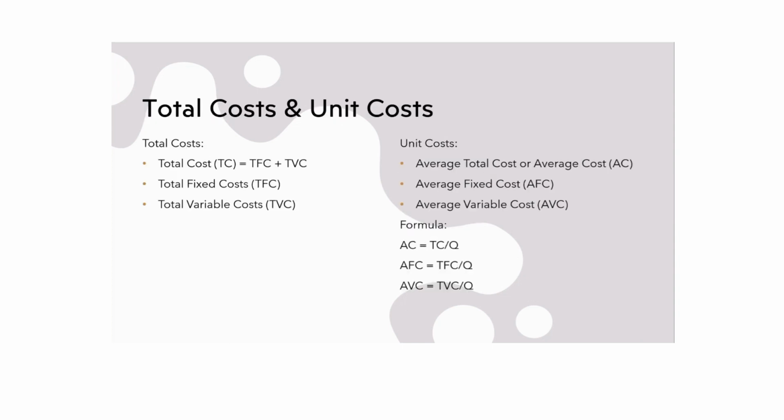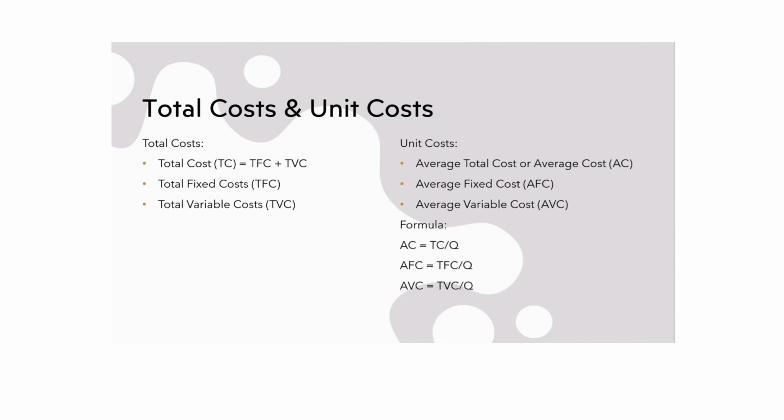What relationship exists between total costs and unit costs? Unit costs will be extracted from total costs. First we have all of the total costs, such as total cost, which is the sum of TFC and TVC: total fixed cost, the sum of all fixed costs, and total variable costs, which is the sum of all variable costs.